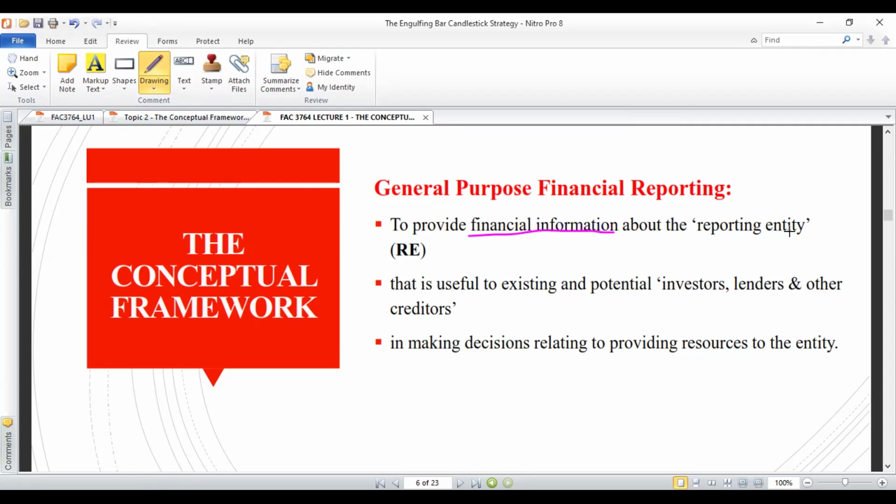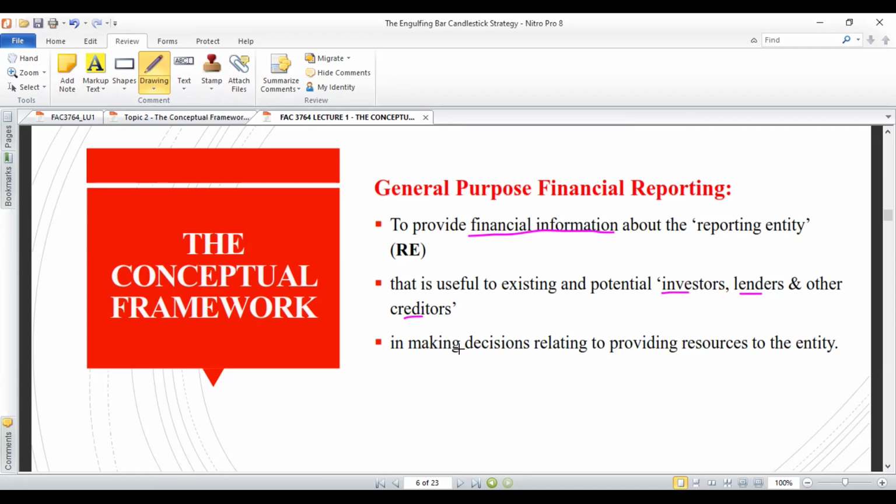So financial reporting allows financial information to be provided by the reporting entity to its interested users. Now, who is it going to be useful to? Who are the users of this financial information? Obviously, it's investors, lenders, as well as other creditors of the company. And why do these people need that information?